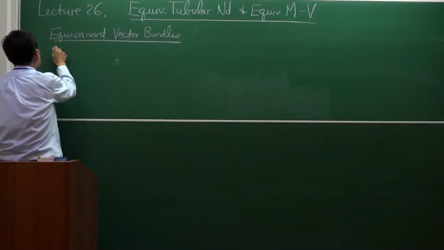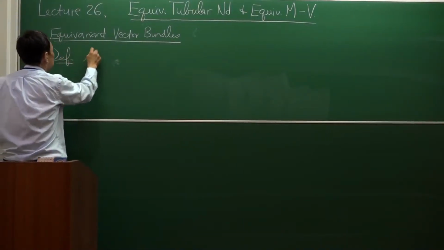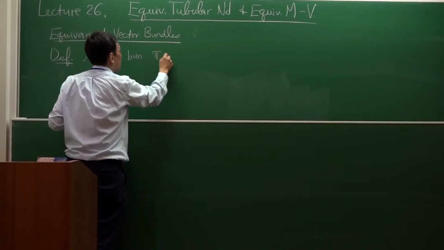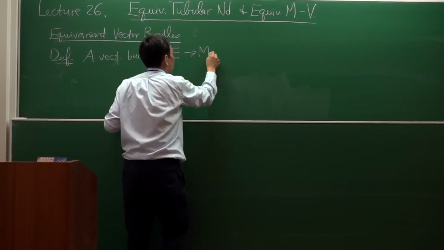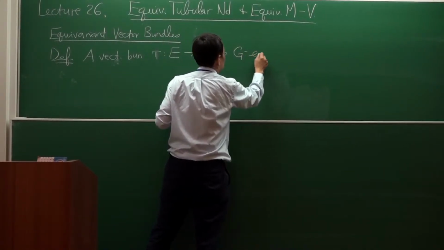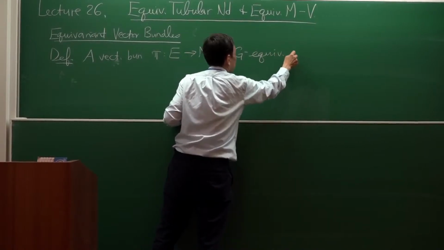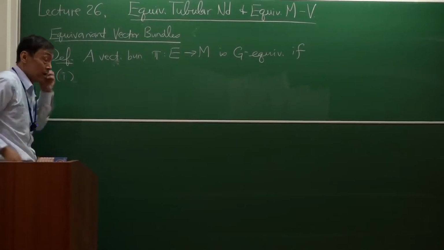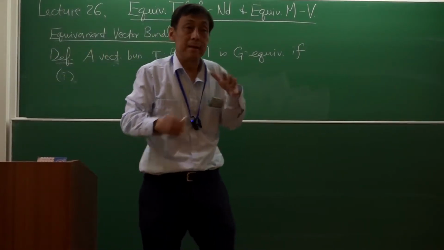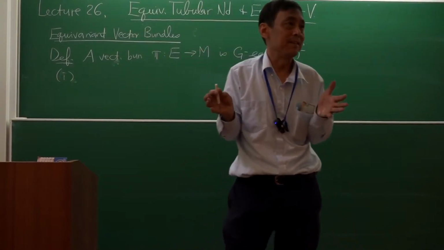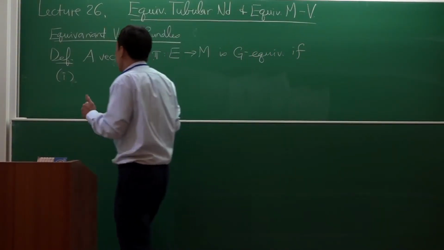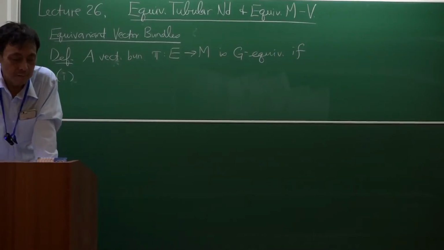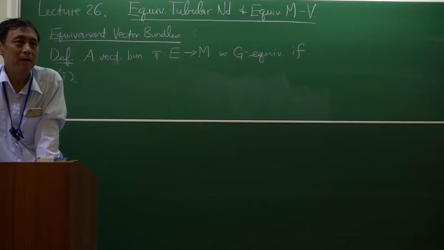All right, so a vector bundle is G equivariant if, well, the definition is very natural, so it's what you would expect, right? What would you expect an equivariant vector bundle to have?